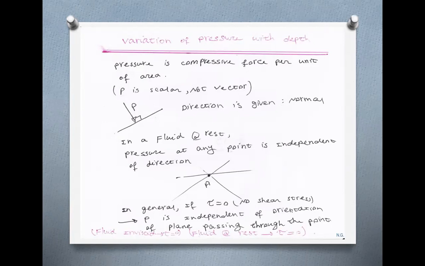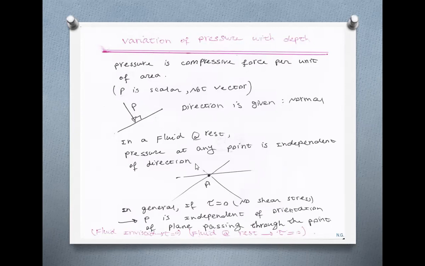Now comes the next question. Does it matter from which direction we are looking at point A? Does it matter if you calculate the pressure at A when you pass through this surface and consider this pressure? Or you pass through this surface from A and consider the normal compressive force, which is this force. Or you pass through this surface from A.